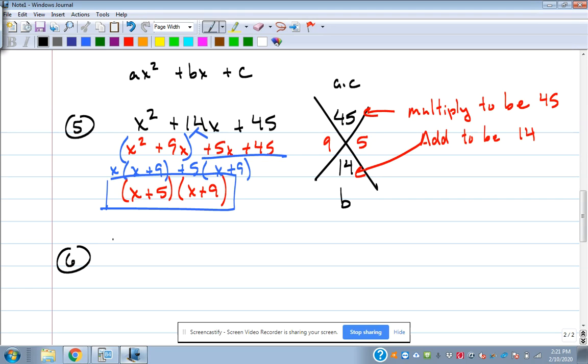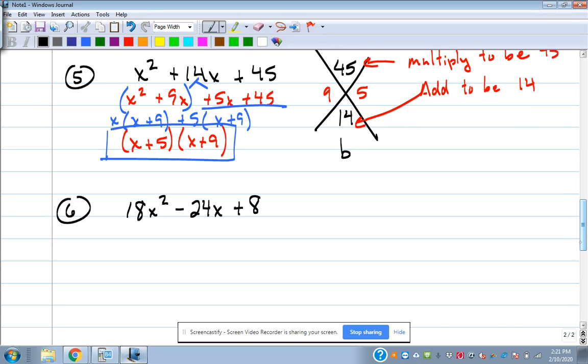Let's do another one. Let's say we had 18x squared minus 24x plus 8. It's in the right order? Yes.